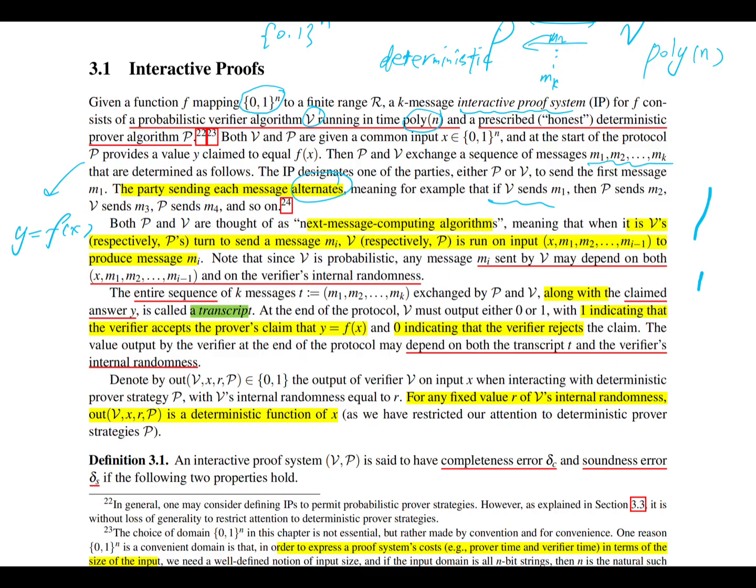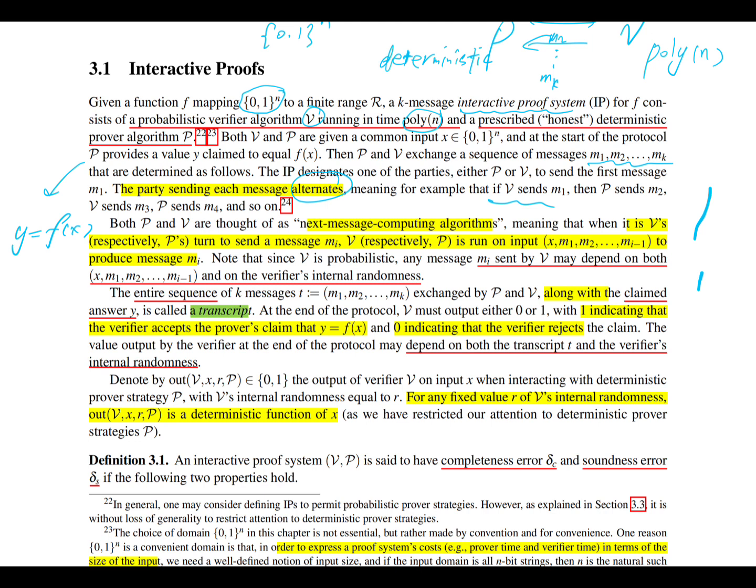Notice that since V is probabilistic, any message Mi sent by V depends on the input before it and on the verifier's internal randomness. The entire sequence of messages M1 to Mk, exchanged by P and V in k turns, along with the claimed answer y equals f(x), is called the transcript.